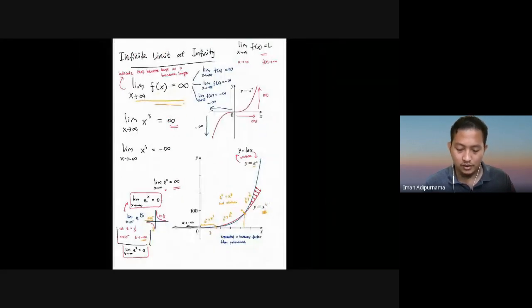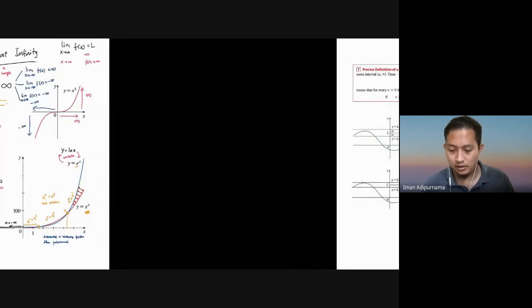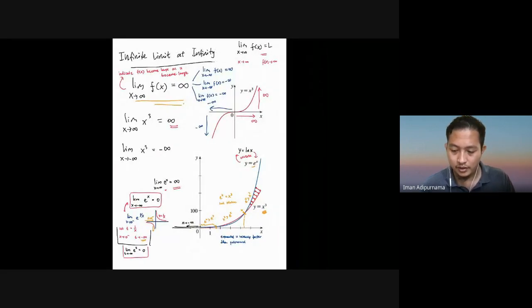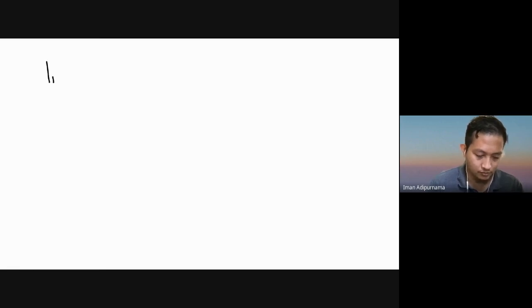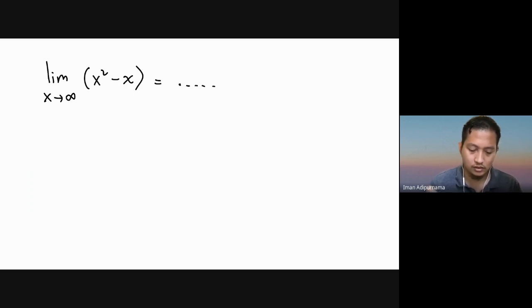Now, let me give you another idea to think about. If we have this limit, x approaching infinity, what will happen here?